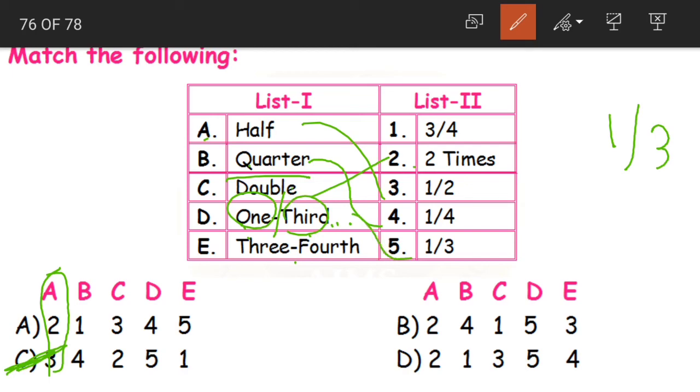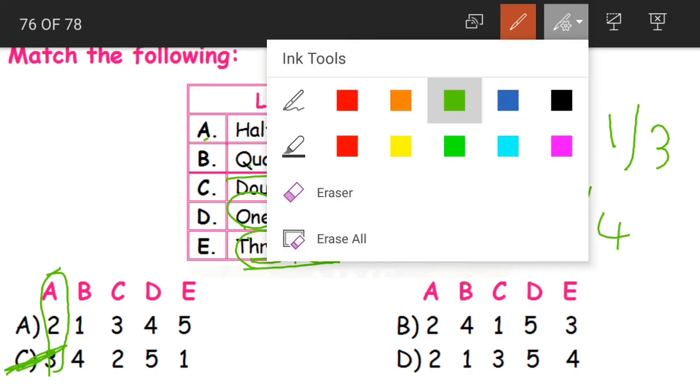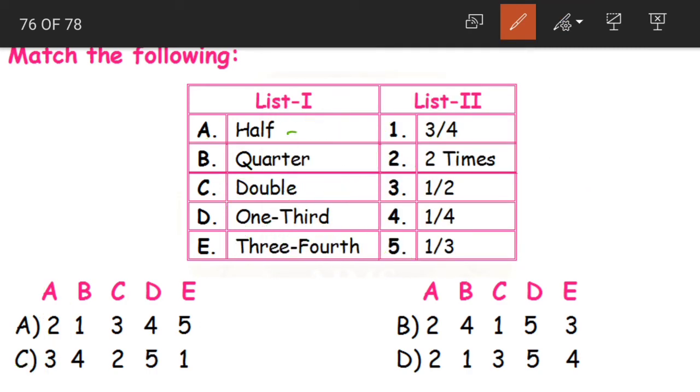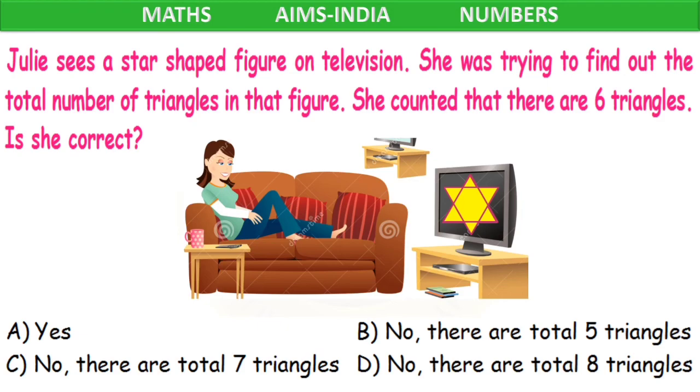That is 5, number 5 here. Now lastly we have 3/4. Again as I said, 3 divided by 4. That is 1. So 3/4 becomes our answer. Yes. A is 3, B is 4, C is 2, D is 5 and E is 1, just as given in option C. Okay. So match the followings are the easiest to solve.